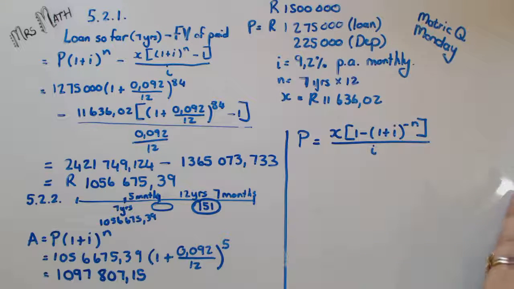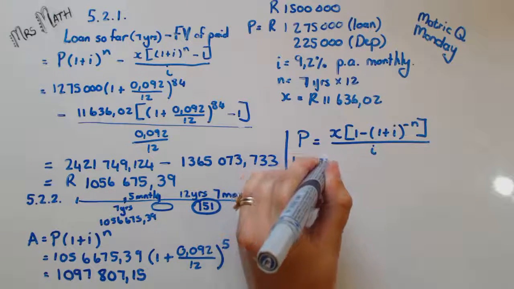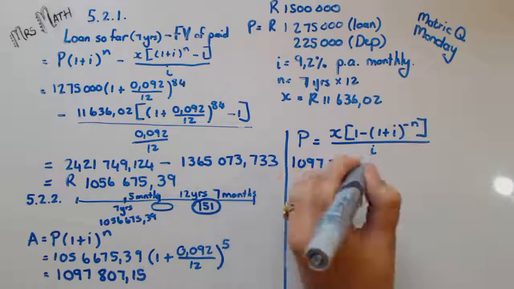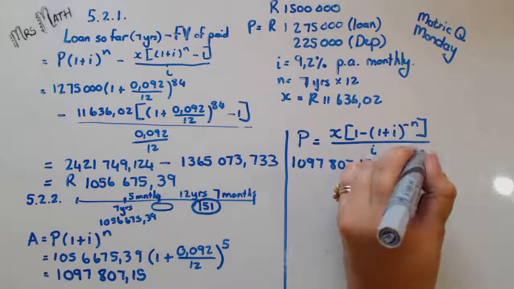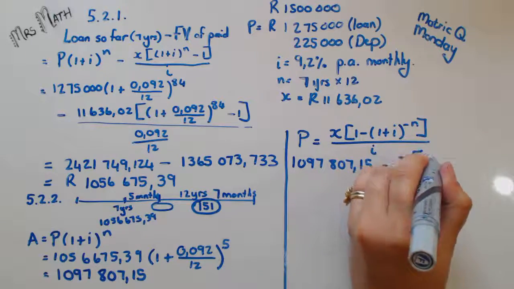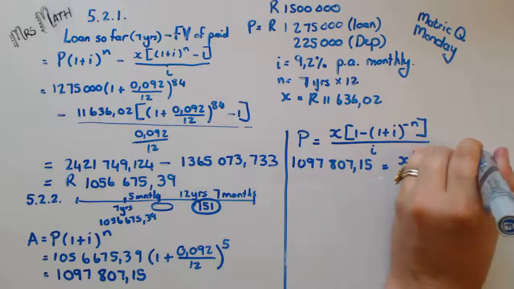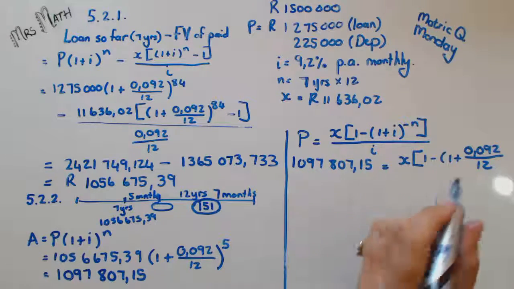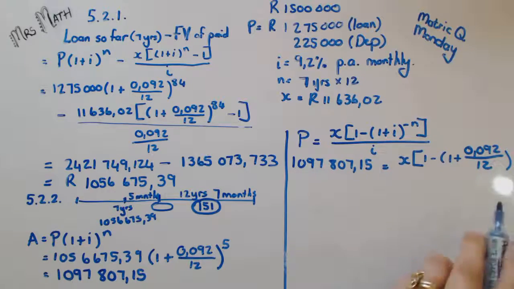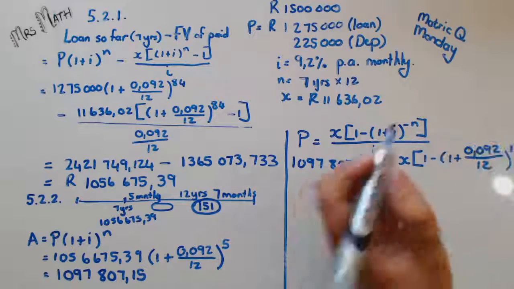And I want to calculate the monthly installments. So my present value is going to be that 197,807.15. I don't know my x. 1 minus 1 plus, and my i is still going to be the interest amount per month, and then this is now for 151 installments.